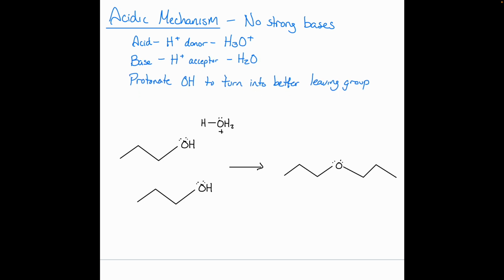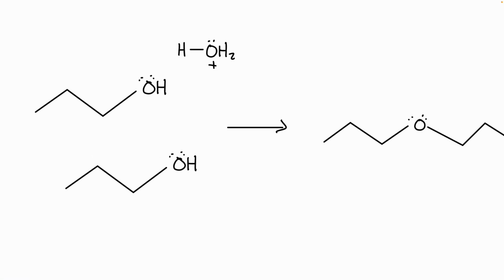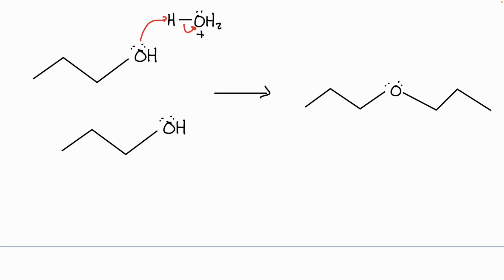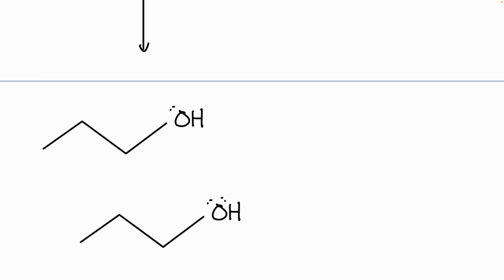All right, for the sake of time, I'm gonna have to interrupt you. Let's talk this out here. All right, we're gonna say the very first step is to protonate that alcohol, turn it into a better leaving group. So now my oxygen has 2 hydrogens, means it's got a positive charge.